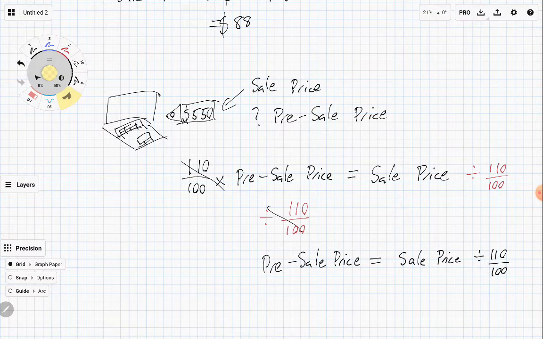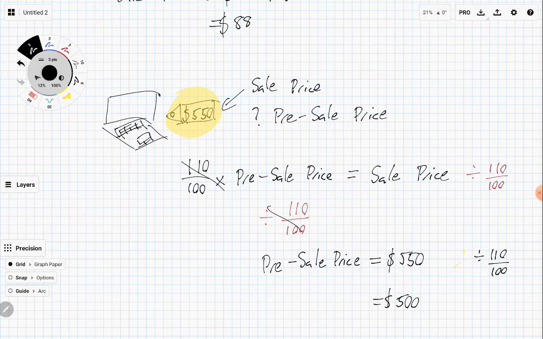But we know the sale price. It's $550. So let's substitute that in. And now we've got something on the right-hand side which we can just evaluate in a calculator, and we'll get the original price. And the original price was $500.